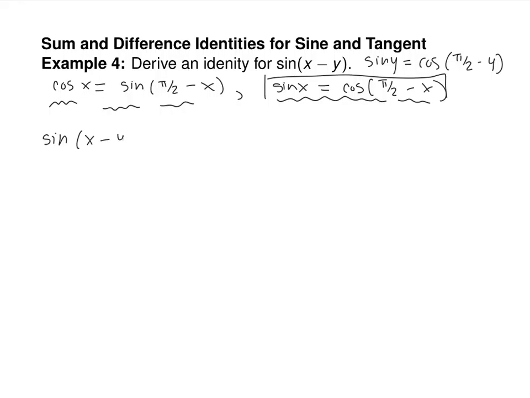And we're going to plug in the x minus y for the x. So that will equal cosine of pi over 2 minus the quantity x minus y. Oh, pi over 2, sorry.